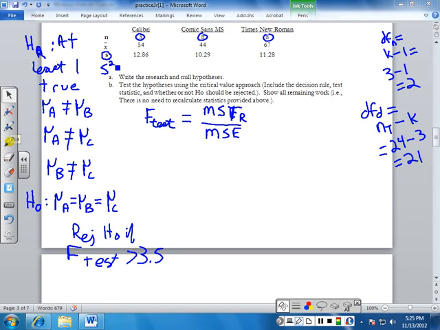So 12.86 squared is about 165.4. 10.29 squared is 105.9. And 11.28 squared is about 127.2.